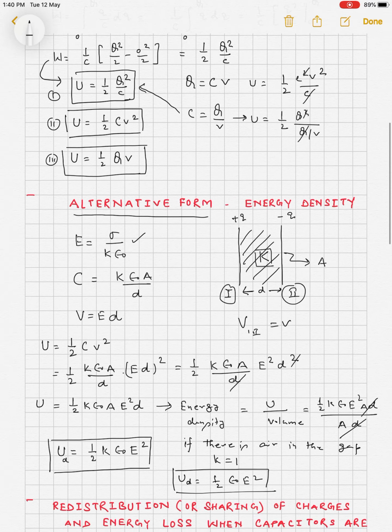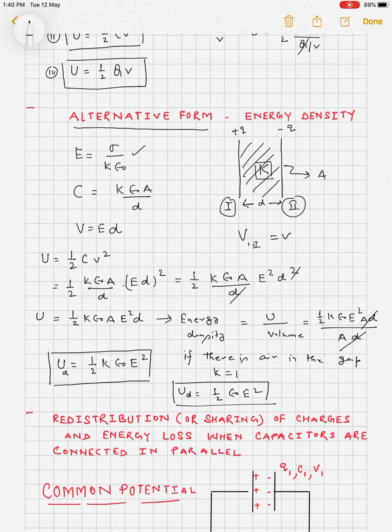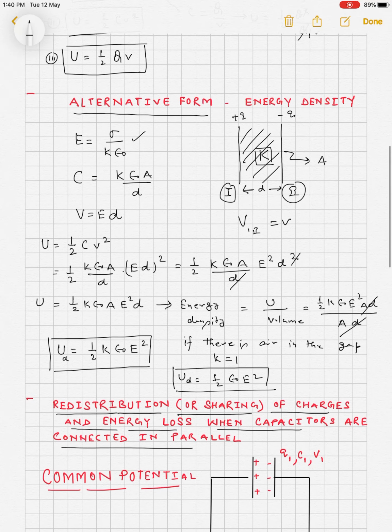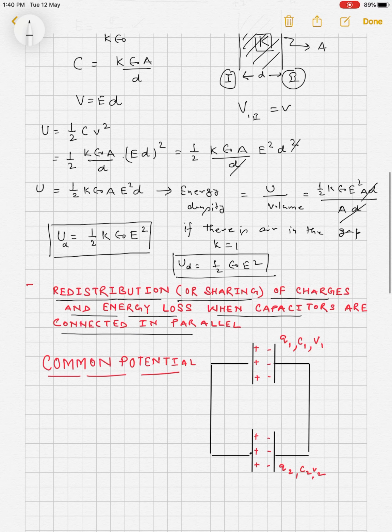Now come to the next concept, redistribution of charge. Redistribution of charge or sharing of charges and energy loss when capacitors are connected in parallel. So here are the two capacitors, capacitance C1 and C2, the first having charge Q1 at a potential V1.